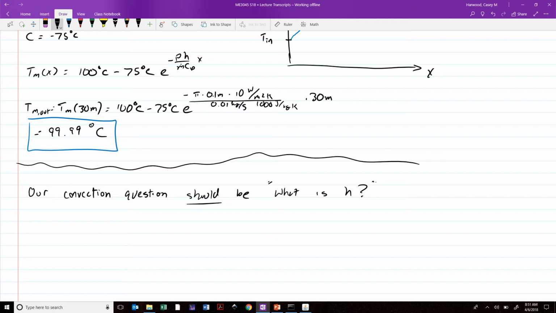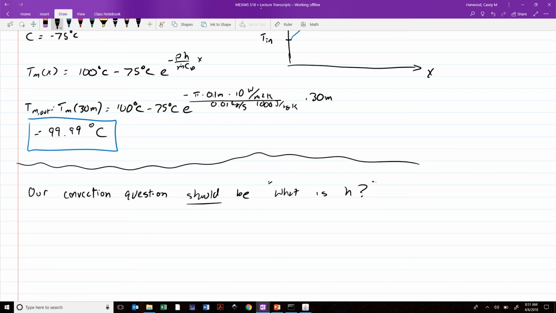We did something similar with the flow between two plates. Remember, we set up the governing equations, the Navier-Stokes equations and the energy equation, and we solved both of those and figured out a value of h. That was on the last homework.